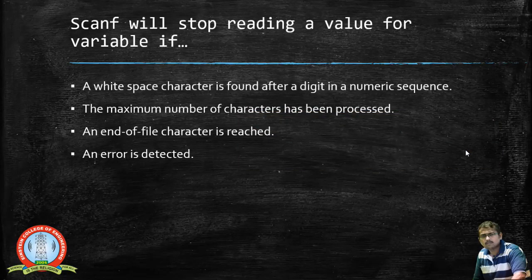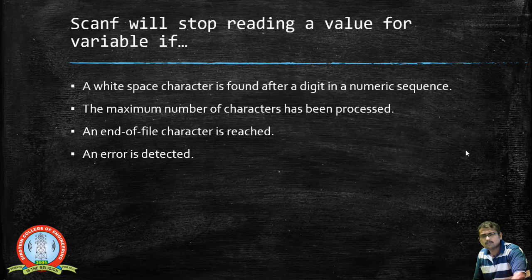So the conclusion that we can give for the scanf statement is that scanf will stop reading a value for a variable if it encounters a white space character, or it has found the maximum number of characters specified in the width, or an end of file character is reached, or sometimes if an error is detected.